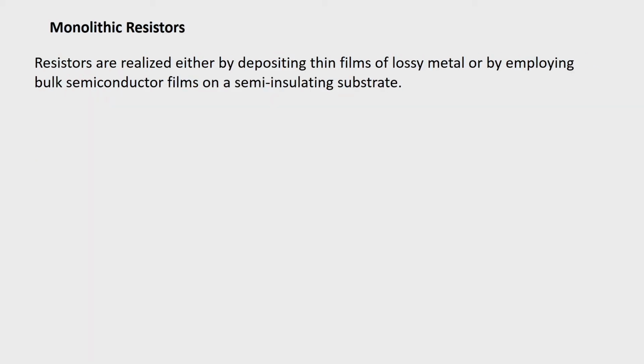Let us now move on to monolithic resistors. The resistors are realized either by depositing thin films of lossy material or by employing bulk semiconductor films on a semi-insulating substrate.